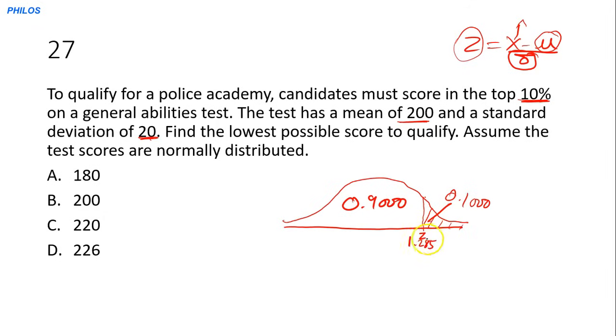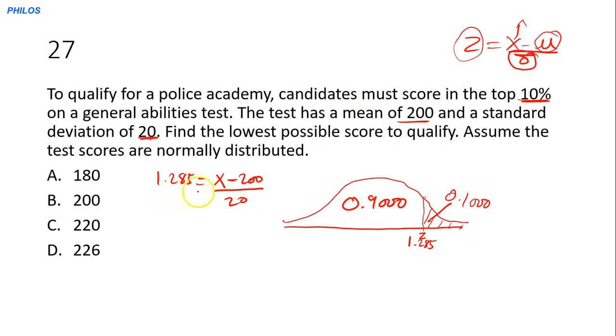That's the z-score. So if that is the case, we can now substitute 1.285 in place of z. So we have 1.285 equals x minus, the mean is what? 200, divided by standard deviation 20.